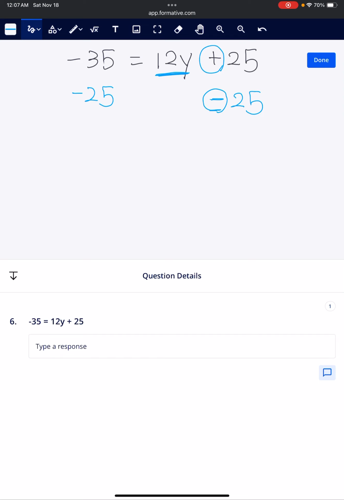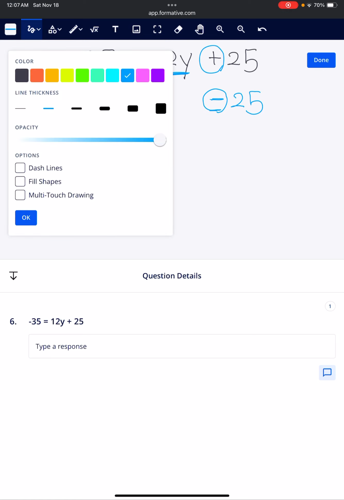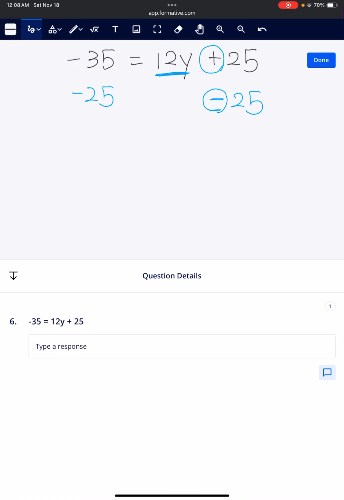When you are doing negative 35 and negative 25, both have negative signs, so you need to add 35 and 25. That becomes 60, but since both have a negative sign, it should be negative 60 equals 12y.